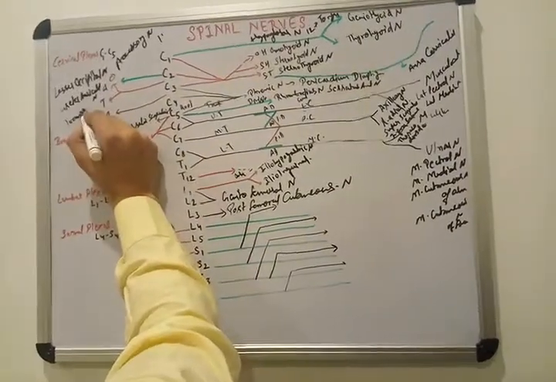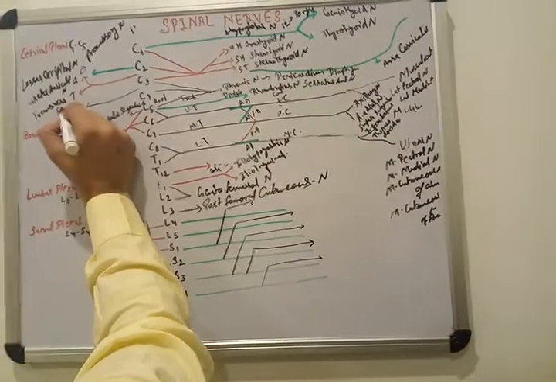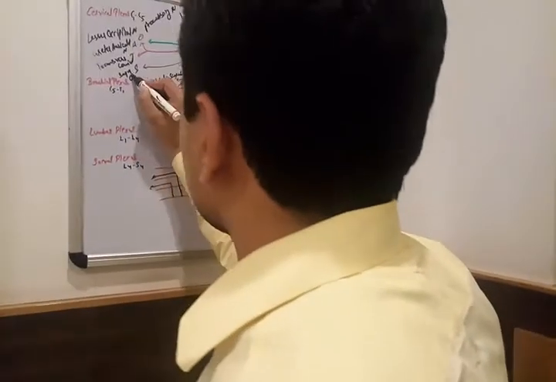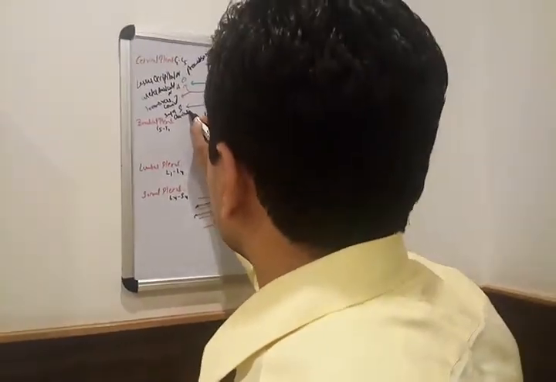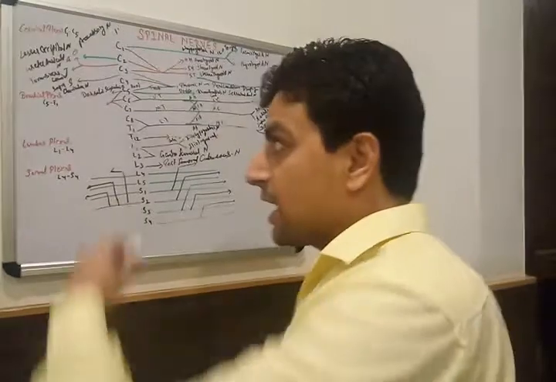T is the transverse cervicalis, and S is the supraclavicular nerve. This supplies the clavicle bone. And the transverse cervicalis, my dear friend, supplies the neck. See, till here it's clear.